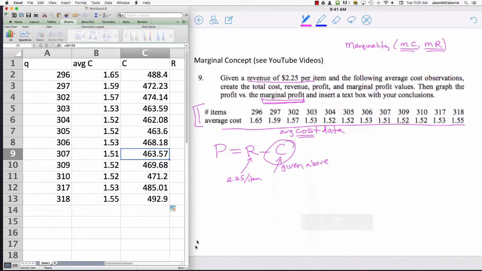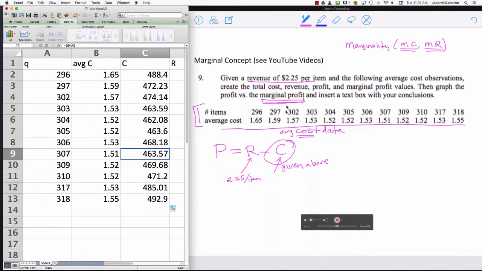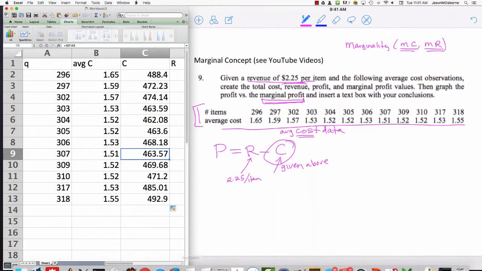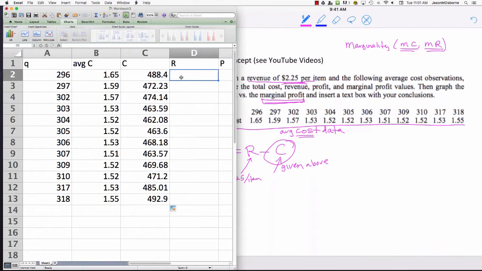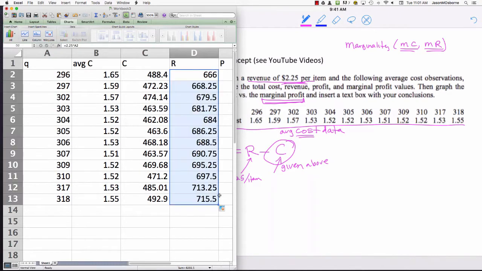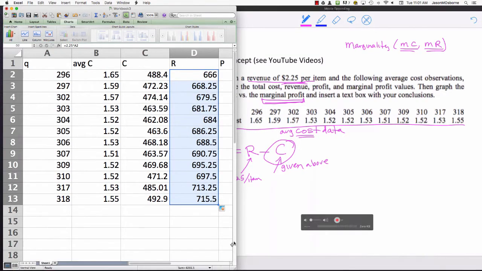So we've got our cost. Revenue, they're saying that it's $2.25 per item, so we can make our revenue function. Revenue is equal to $2.25 times the number that you are going to sell, $666, and drag this down to get revenue.